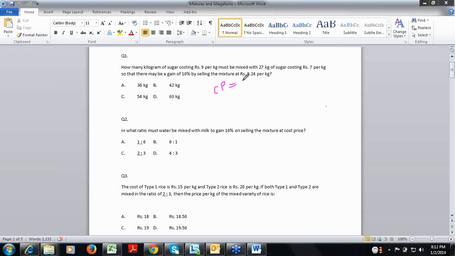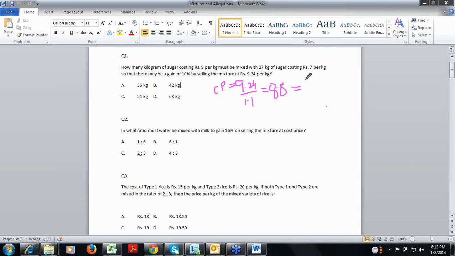Cost price is 9.24 divided by 1.1, that is 8.4, and this is equal to what?